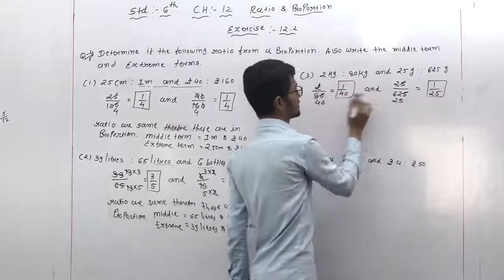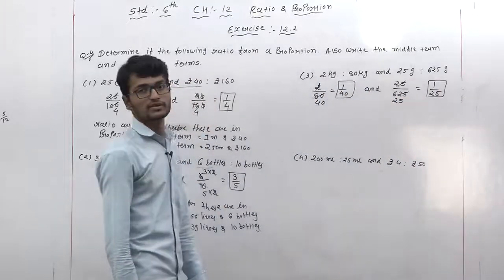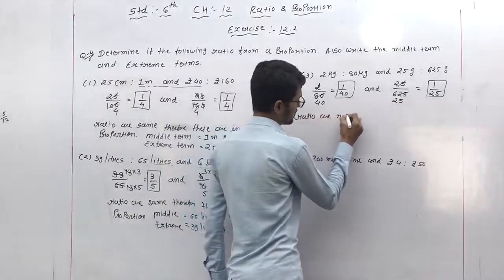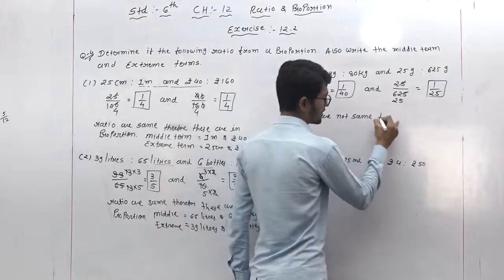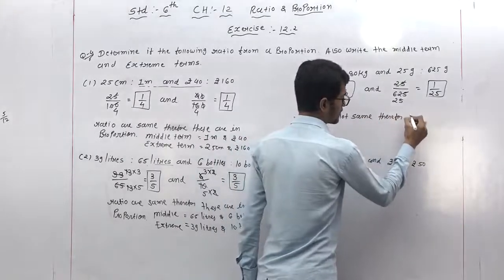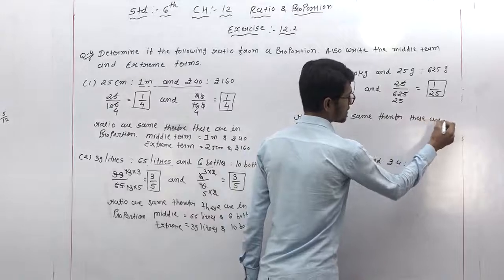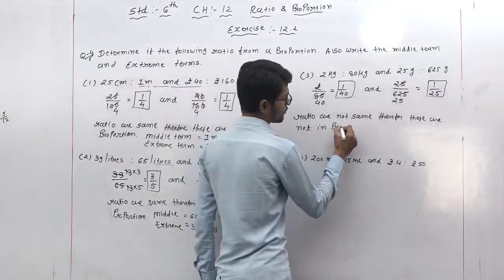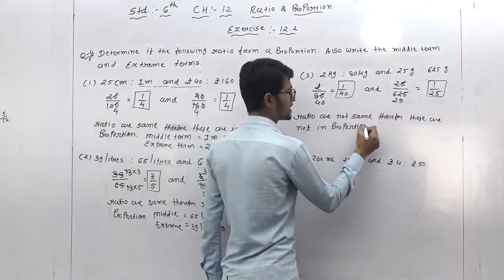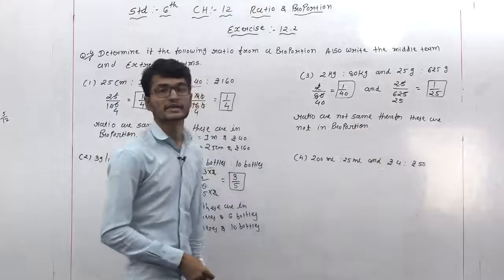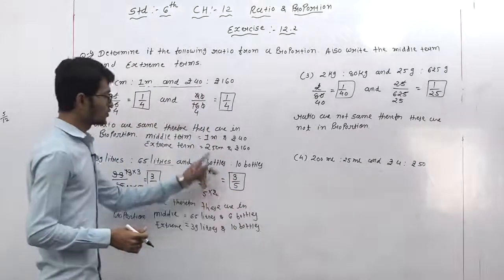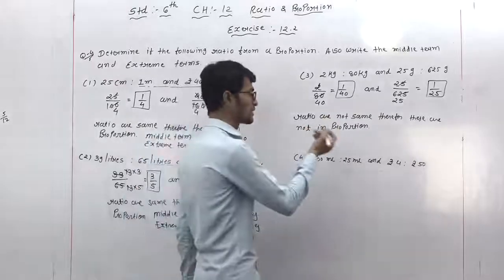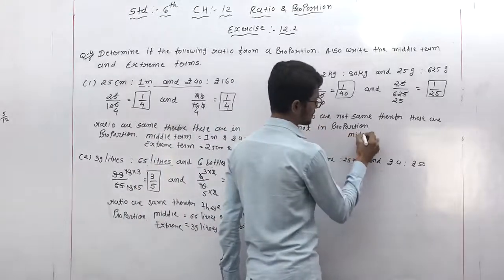So dear students, see here the ratio is different. Write down, ratios are not the same. Therefore these are not in proportion. रेशियो सेम नहीं है इसका मतलब ये दोनों प्रोपोर्शन में भी नहीं है. रेशियो सेम हो तभी वो दोनों प्रोपोर्शन में है. यहाँ पे रेशियो सेम नहीं है, सो वो दोनों प्रोपोर्शन में भी नहीं है. मिडल टर्म और एक्सट्रीम टर्म आपको लिखना हो तो आप लिख सकते हो.